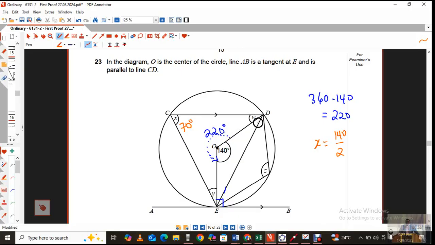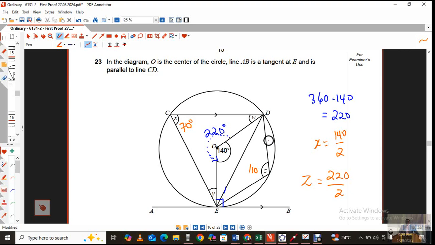This angle 220 is also being subtended by this chord, creating the 140 and also the 220. So Z will be 220 divided by 2, because this 220 is twice as big as the angle at the circumference subtended by the same chord. So this Z will be half of that, which is 110. Okay. I think we are getting there somehow.